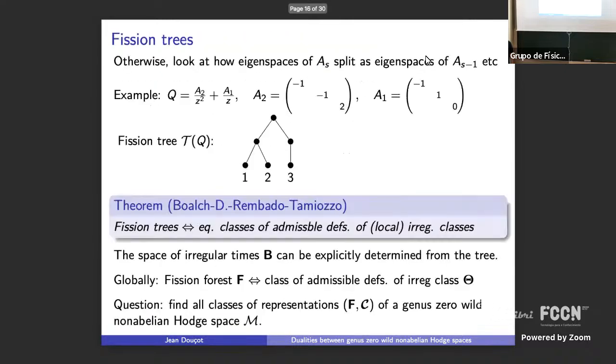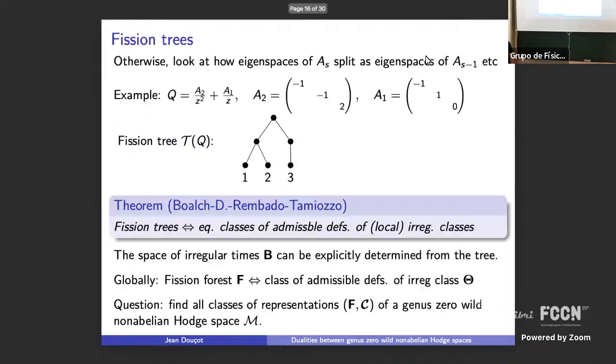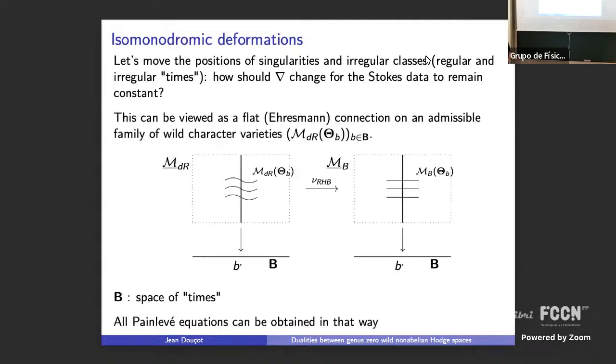Any further questions? I suspect it is implicit in your picture. Can you go to the picture where you have the division?